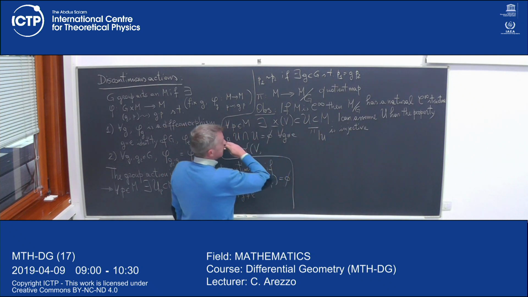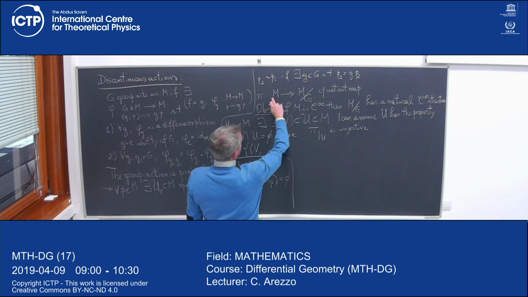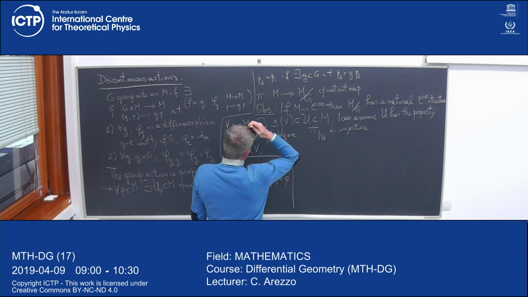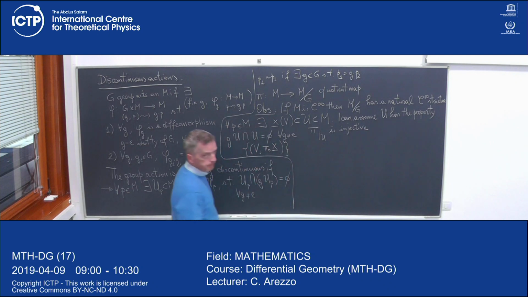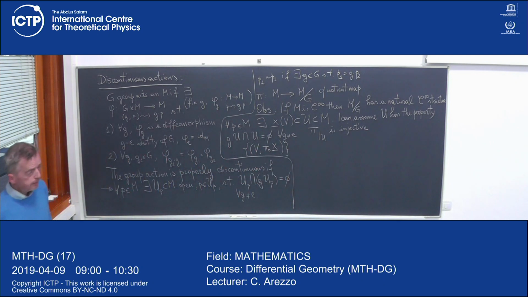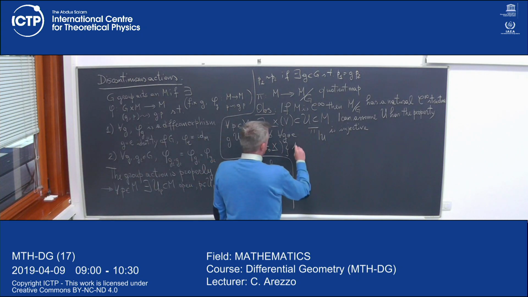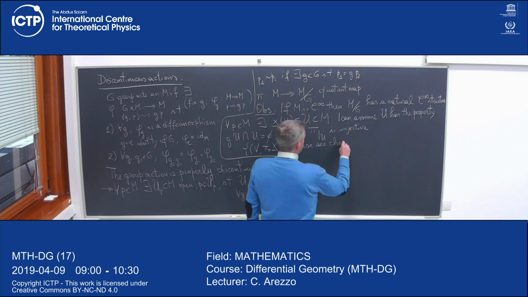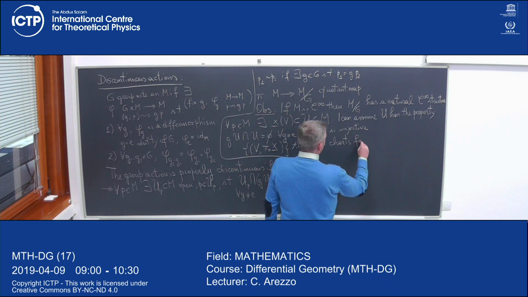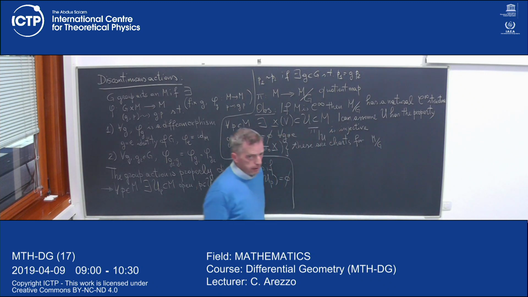To not make a mistake, X goes from V to M, and then I have to take pi composed with X. So these are charts for M quotient G.